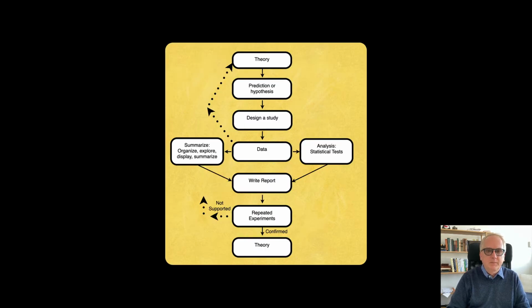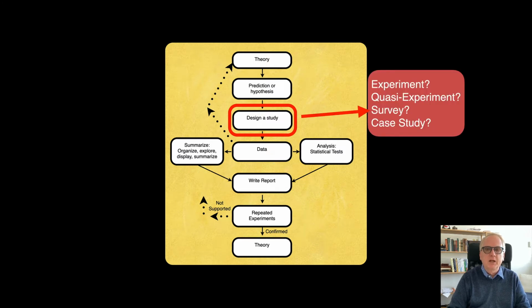So we're back still at the beginning of this flowchart, looking at the issue of how we design a study. You might remember from a previous lecture that we said that there are four big options we have in psychology for how we might want to design our study. That is, we might choose to conduct our study as an experiment, a quasi-experiment, a survey, or a case study.